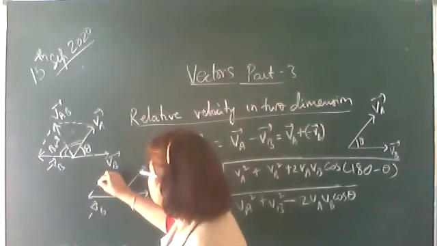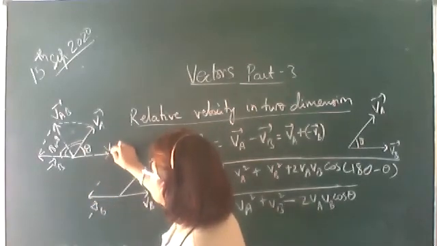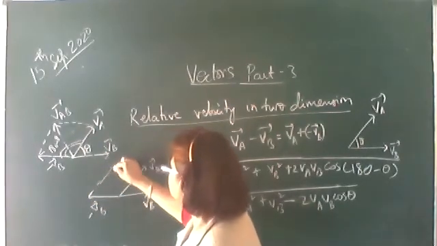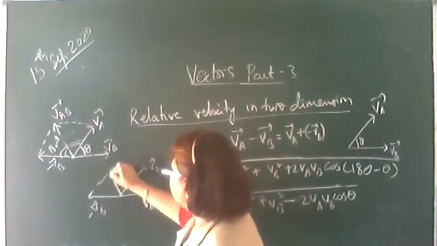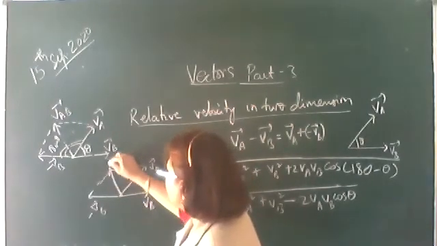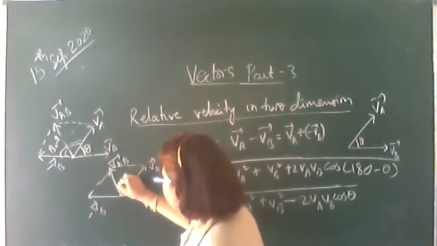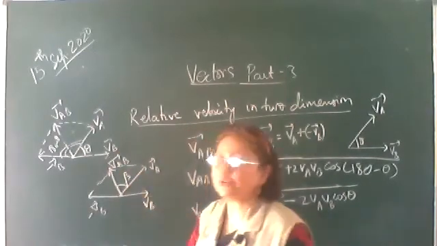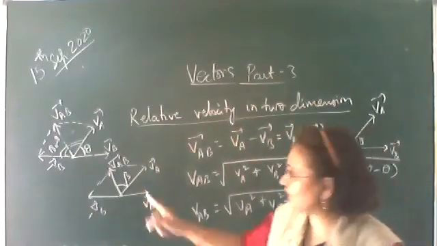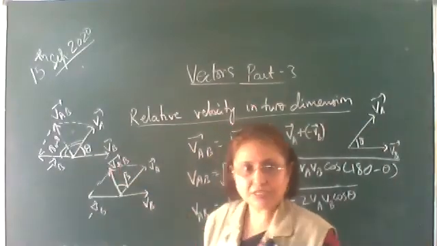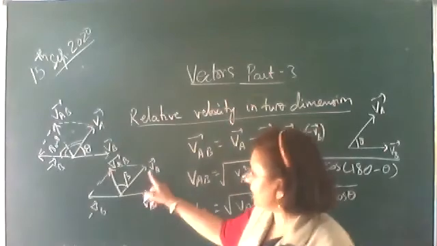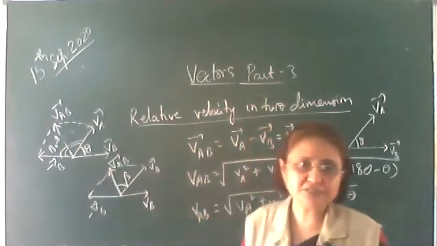VA vector. This is the resultant which is giving VAB vector. Now this resultant making with the first vector, we take it to be beta. That is, you have to find this angle. What is that beta angle? Resultant making with the first vector. First vector here is VA.